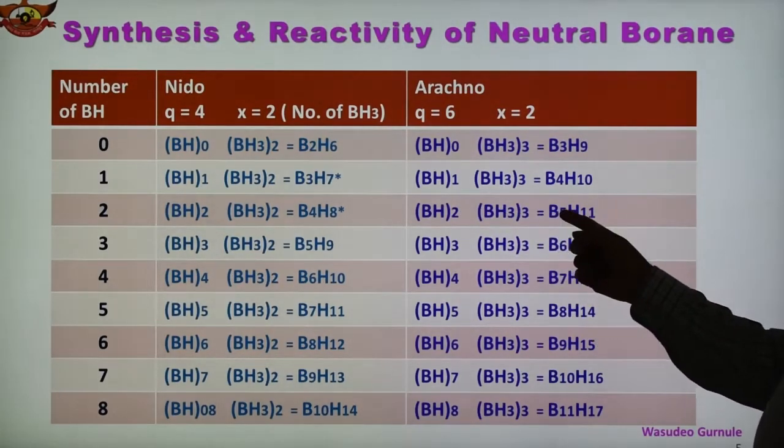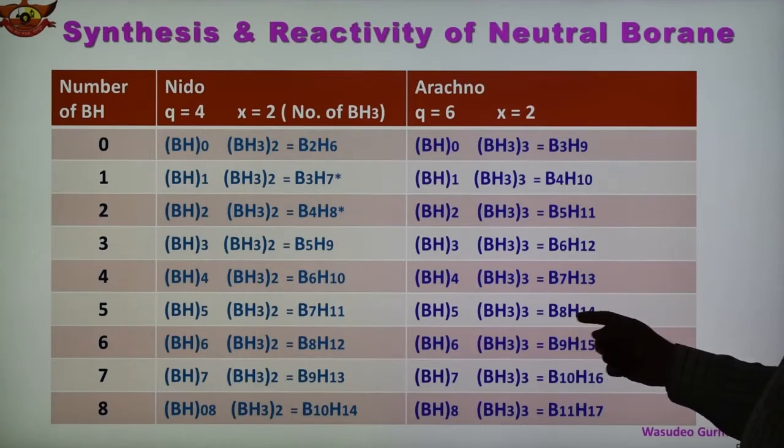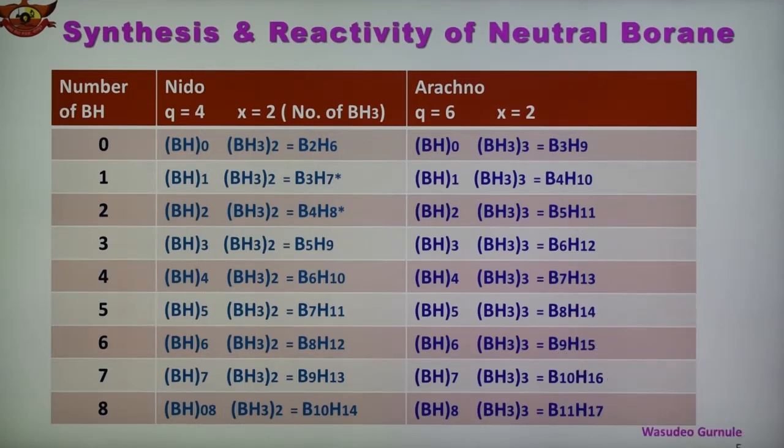In this case we get B5H11, B6H12, B7H13, B8H14, B9H15, B10H16, B11H17. So these are the formulas of the different types of neutral boranes, and higher boranes are also shown.